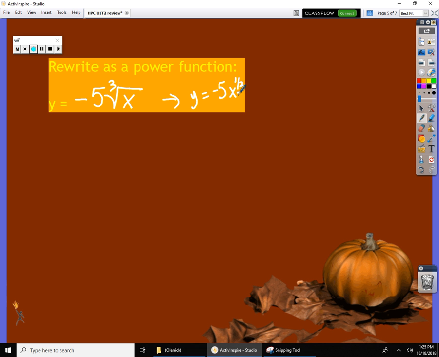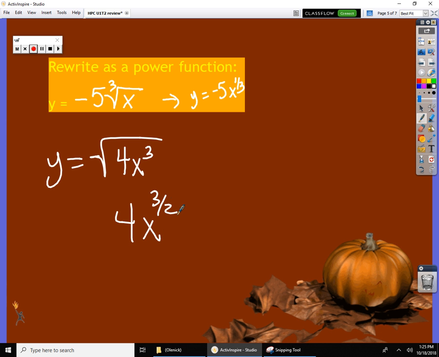Awesome. All right. The next one, y equals. This one has more than one correct answer. Let's see if we can get it. What do we think? Like this? Nope.